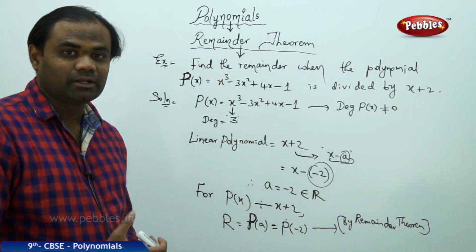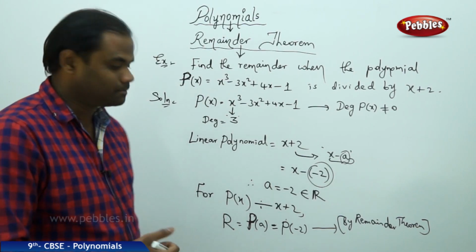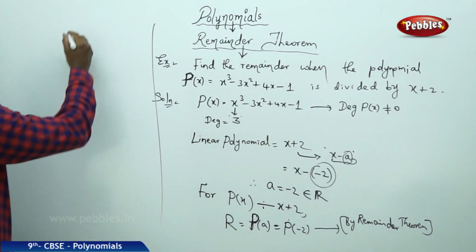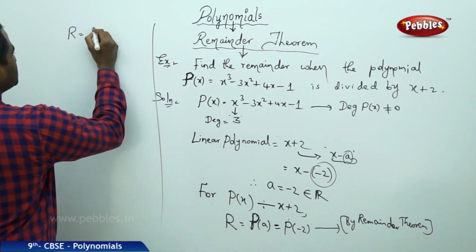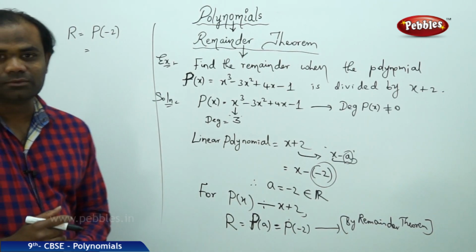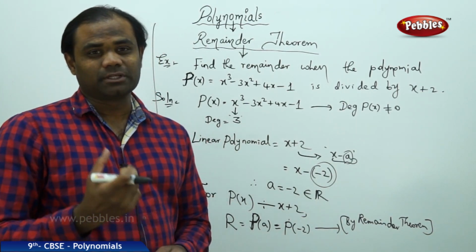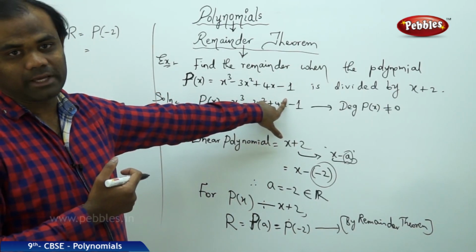So let's see how the remainder can be evaluated for this p of minus 2. When I evaluate this, I get the remainder, which is p of minus 2, and p of minus 2 is the value obtained by substituting x equal to minus 2 in the given polynomial p of x.